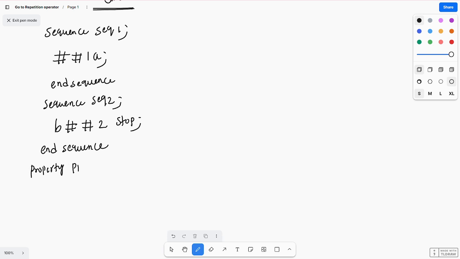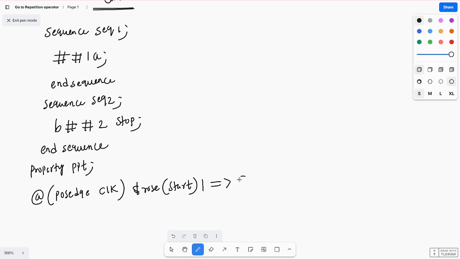Property name is PPT, at posedge of clock, $rose(start). So $rose(start) means when the transition is going from 0 to 1, it should start. And I am using the non-overlapping implication operator, S1 and S2.